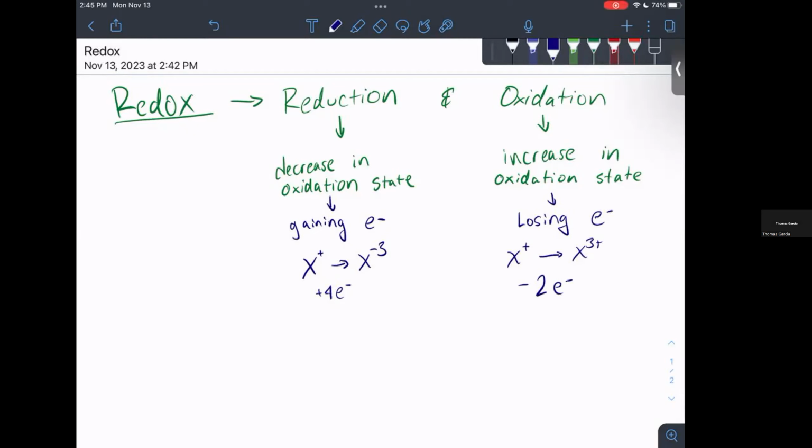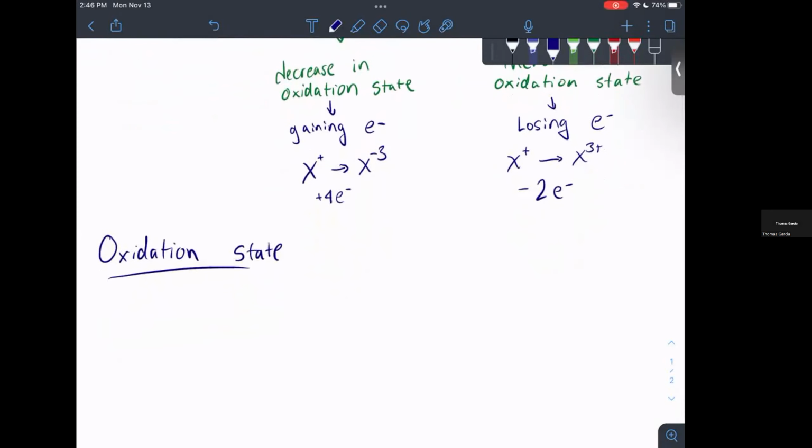So now we have to think about this term oxidation state. So I'm going to go ahead and describe that over here. Oxidation state. The oxidation state is kind of the way that you look at all these values.